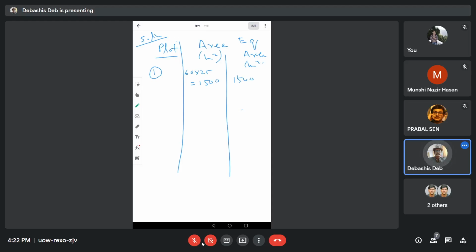So, area of 2, it is coming 60 into 37.5, 2250. Equivalent area is 2/3 into 2250, is coming as 1500.